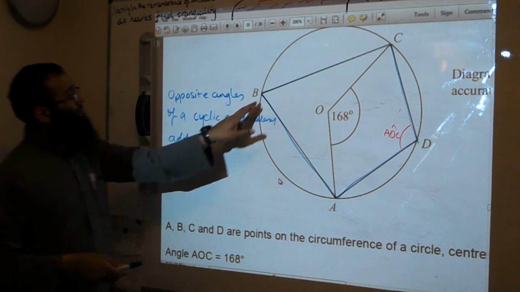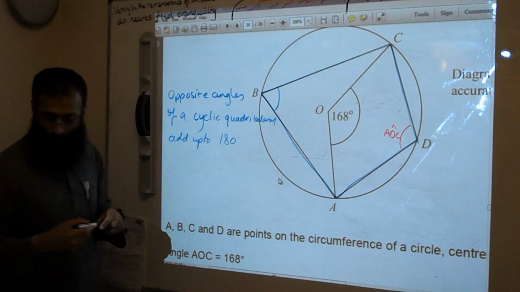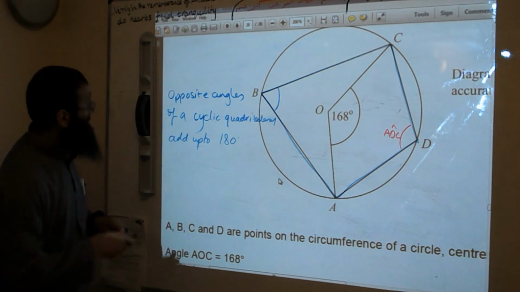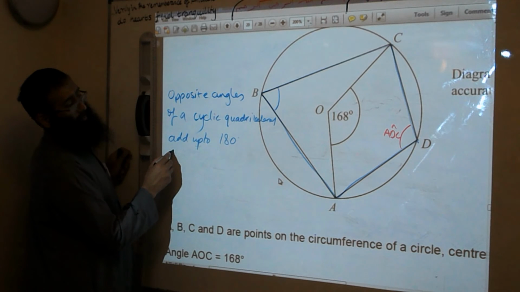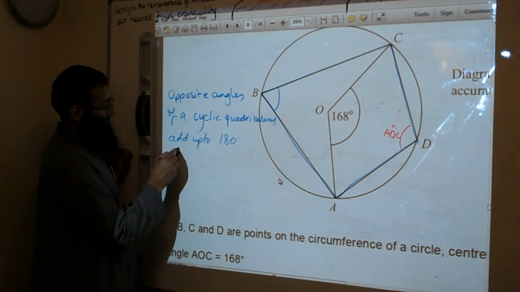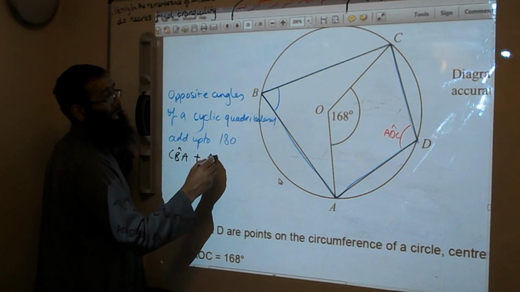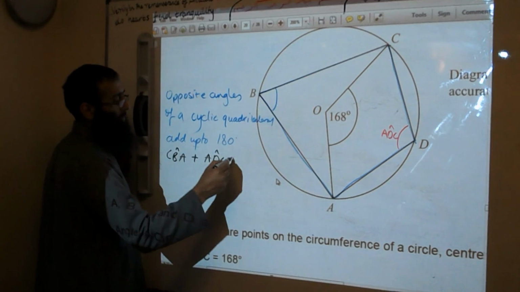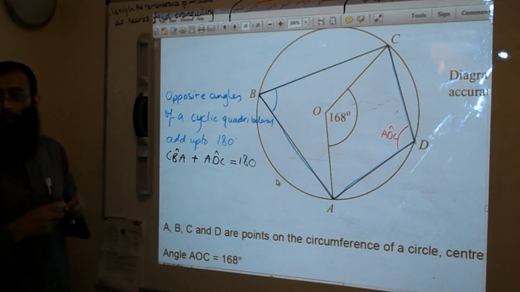Okay. So we know that this angle and this angle here. So we know that angle, was it CBA? So angle CBA add angle ADC, which is the one we want. Both of them add up to 180 degrees. Okay?